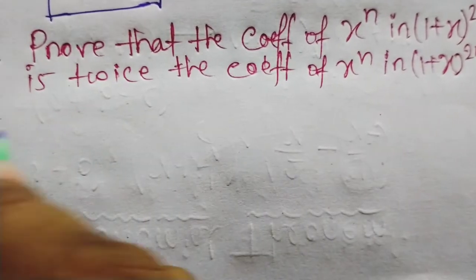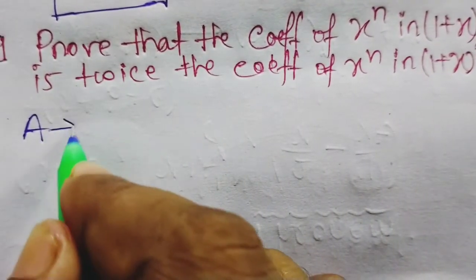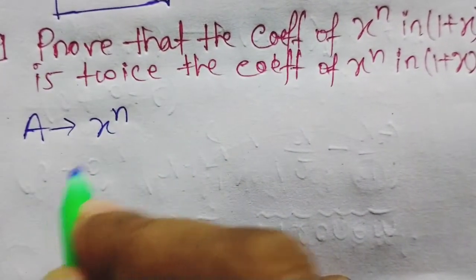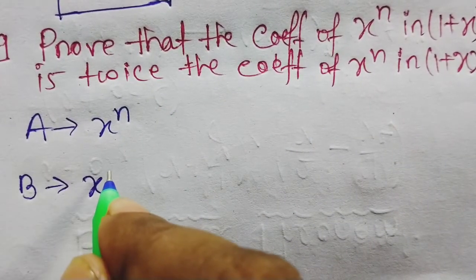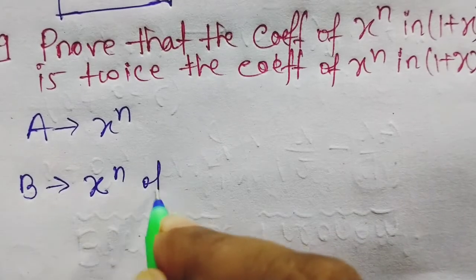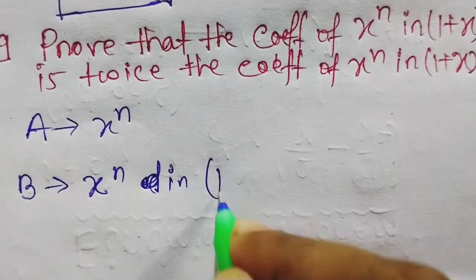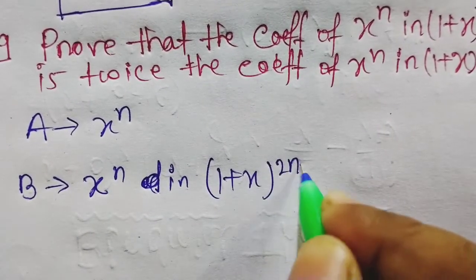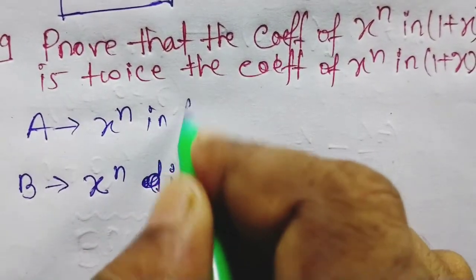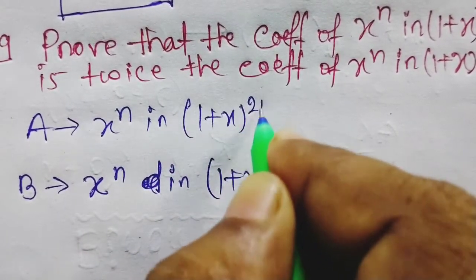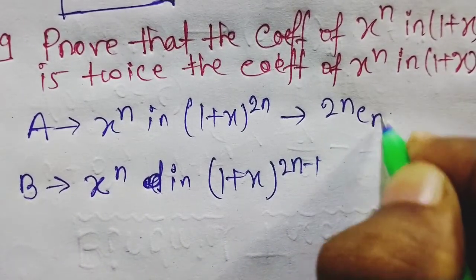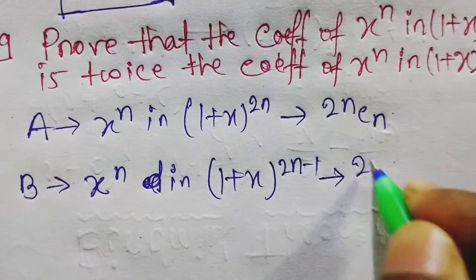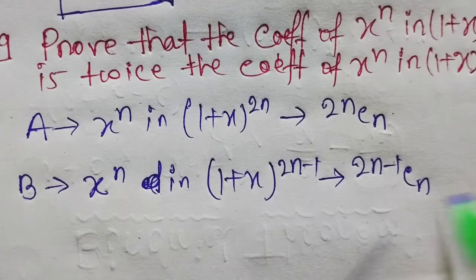Again, let a be the coefficient of x to the power n in (1 + x) to the power 2n, and b be the coefficient of x to the power n in (1 + x) to the power 2n minus 1. So it should be 2nCn and it should be (2n-1)Cn.